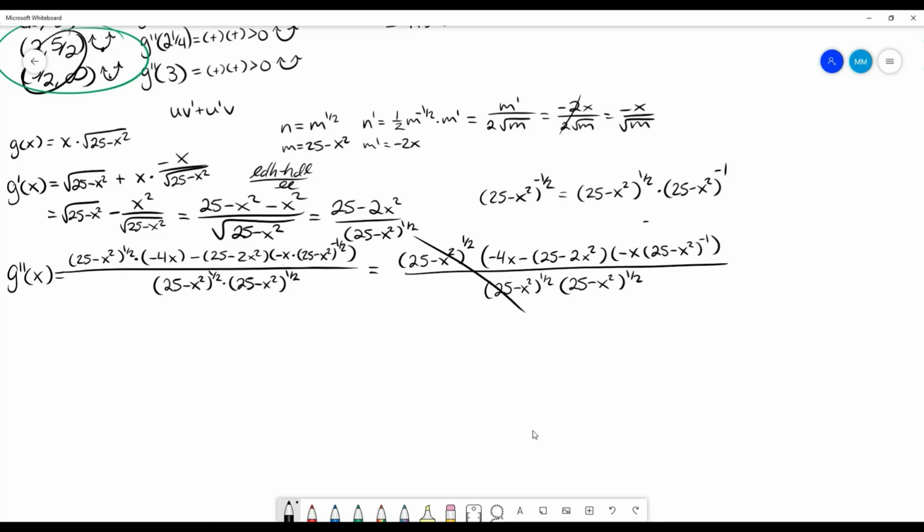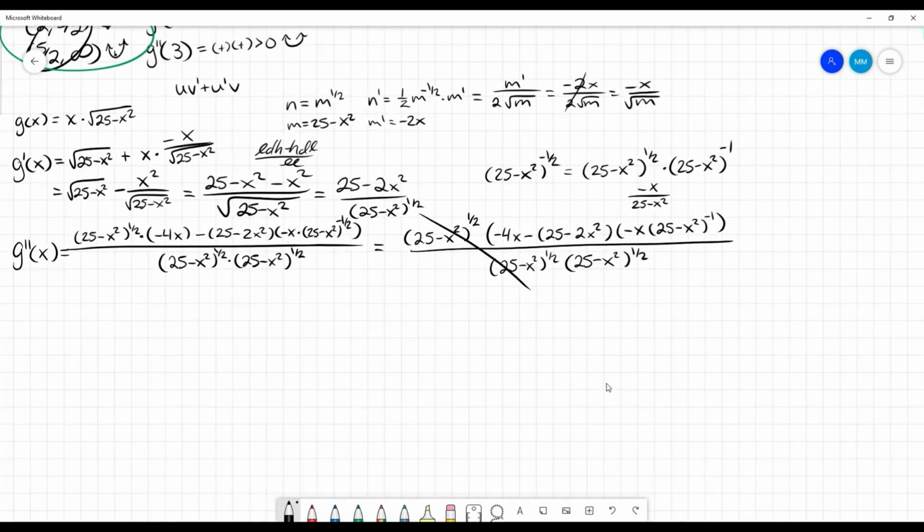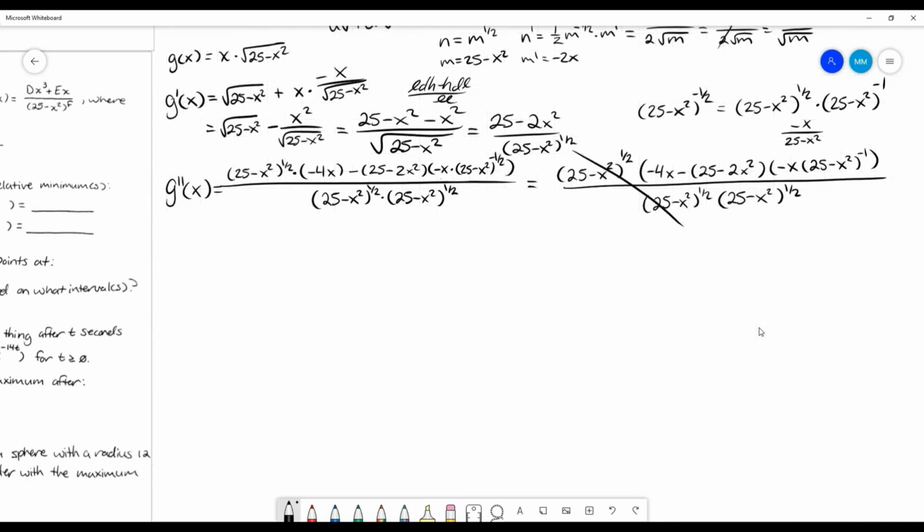I'm going to start rewriting this as, no, yeah, I'm going to rewrite that as this now, because that negative 1 just means it's on the wrong side of the fraction. And so this is all going to become, let's keep going, 4x minus, and now I can just multiply this into that numerator there.